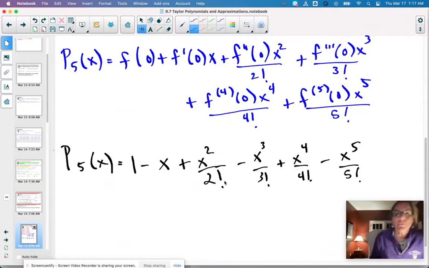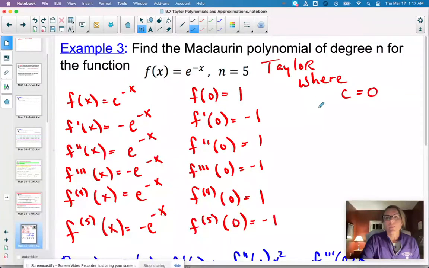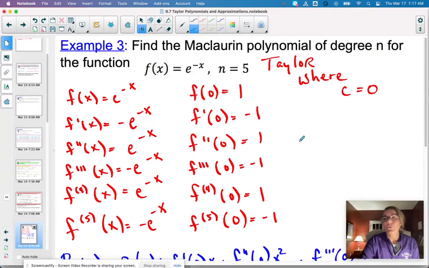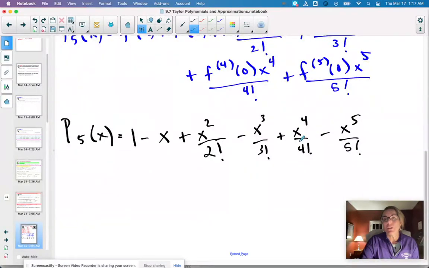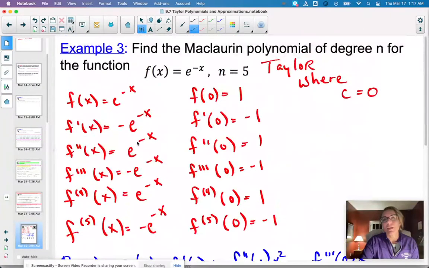That is the 5th degree polynomial. The Maclaurin 5th degree polynomial that is going to be approximating the function f of x equals e to the negative x. As our degree gets bigger and bigger, it's going to exactly approximate that function.